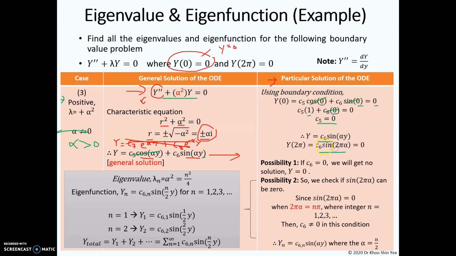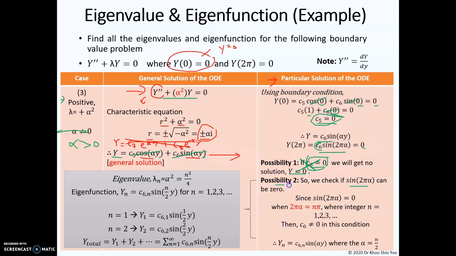To make this term equal to 0, it could be either C6 equal to 0 or sin 2 pi alpha equal to 0. Let's assume C6 equal to 0, so you substitute inside, you obtain 0. So you have the C5 and C6 equal to 0. Substitute inside the general solution, you obtain your capital Y equal to 0. So if this is the case, you have no solution.